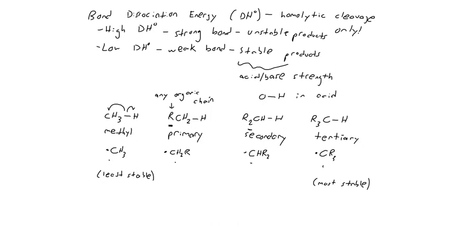And remember what we said up here: if we have a very low stability product, so the unstable product here, that's going to mean that we have a strong bond to break. So this is the strongest bond between carbon and hydrogen. And we can also tell that this will be the weakest bond between carbon and hydrogen.